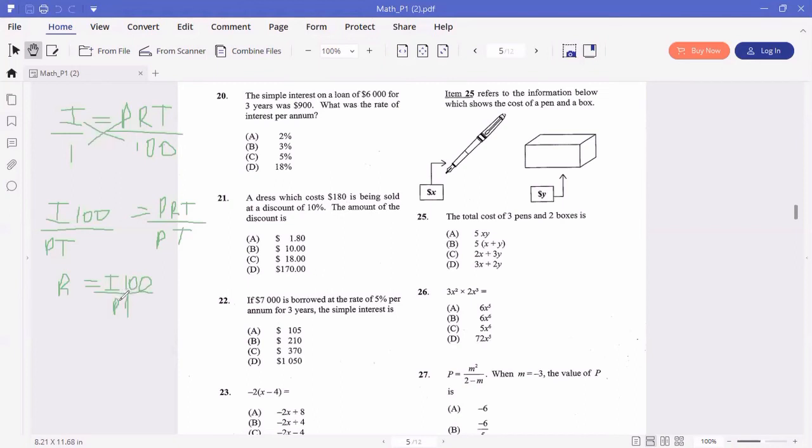When you read the question, it says that the simple interest on a loan of 6,000 for 3 years was 900. So they tell you the value of the interest is 900. So you're supposed to times that by 100. Then the principal amount, which is 6,000, times the number of years, which is 3.